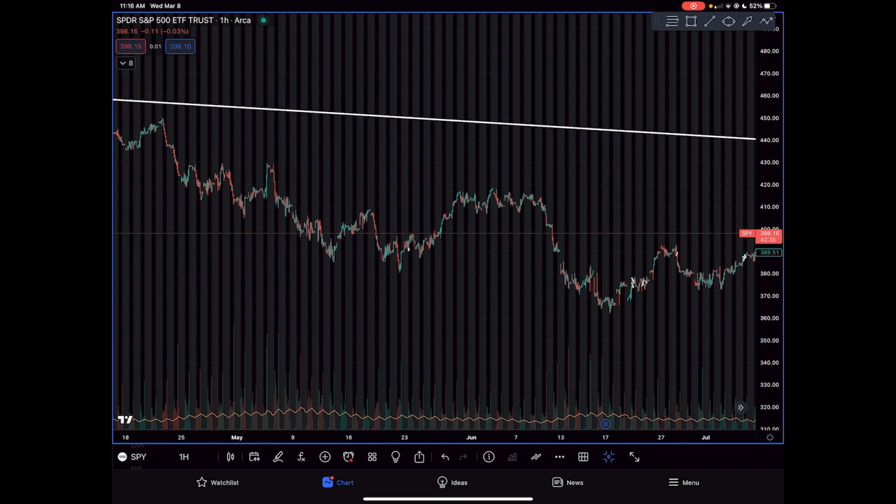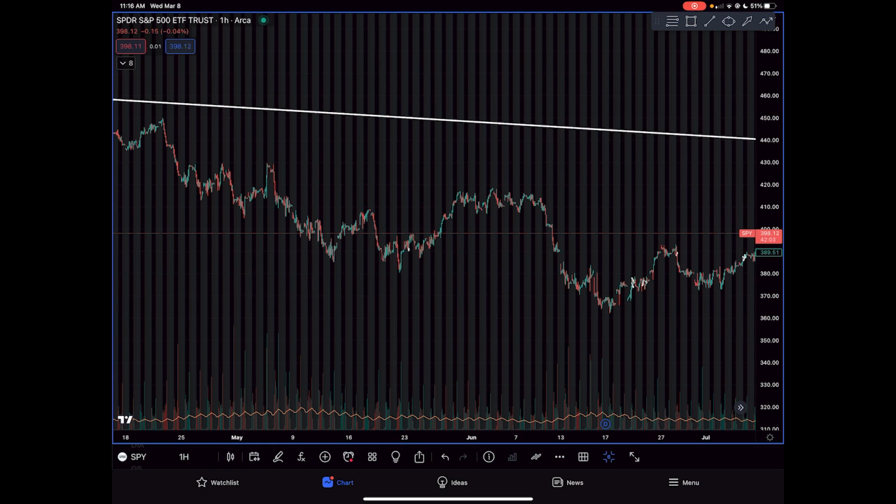One, in a range; two, in an uptrend; three, in a downtrend; and four, ambiguously, meaning it can be interpreted in a bunch of different ways. When it's ambiguous, I'm not trading it. I like to trade clear trends. The trend is your friend. So I like to see pullbacks and bounces off of support, rejections off of resistance, or breakouts.